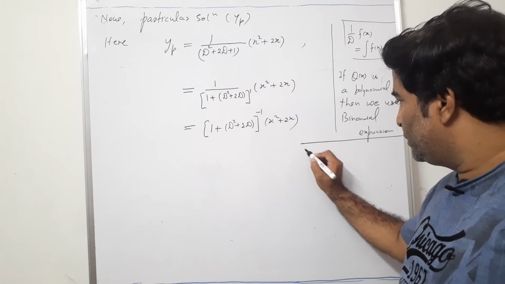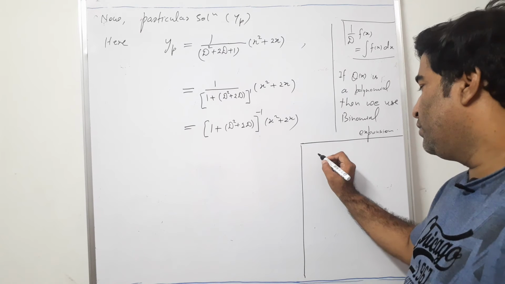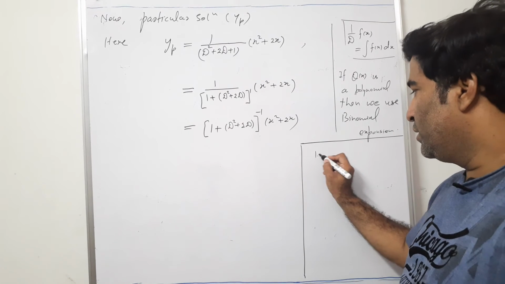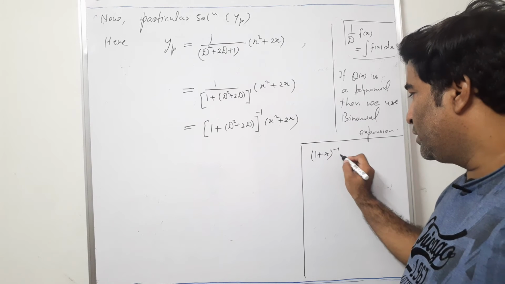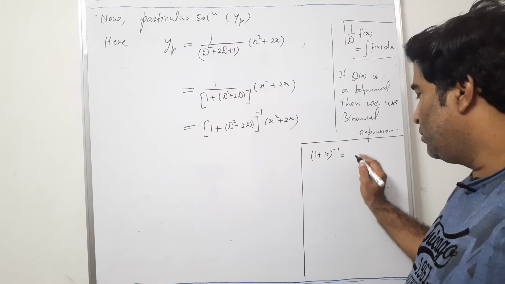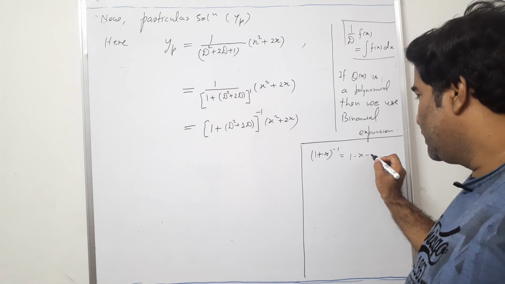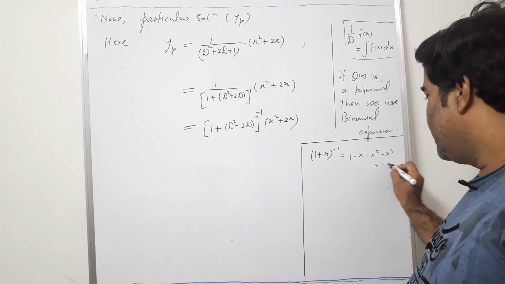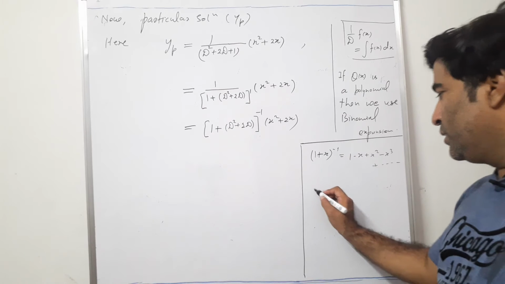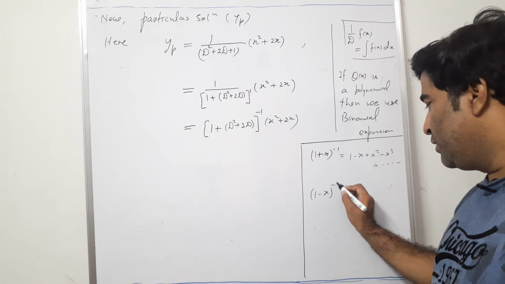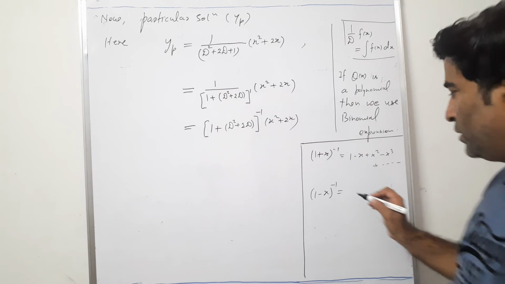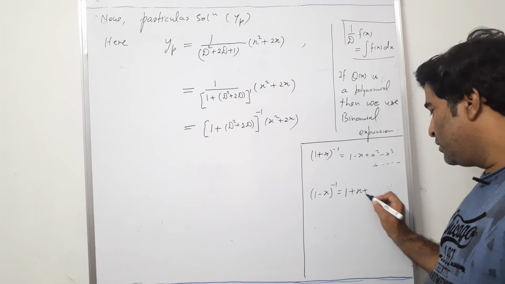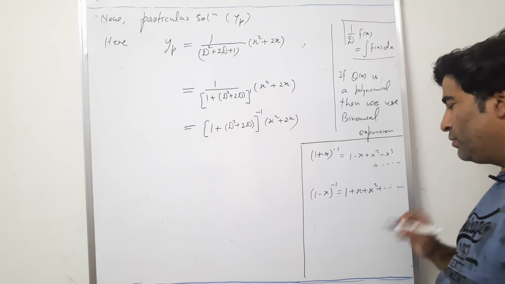Here we use the binomial formula. We have 1 plus something, suppose this is (1 plus x) to the power minus 1. So we use the formula 1 minus x plus x square minus x cube, and we have an infinite number of terms.